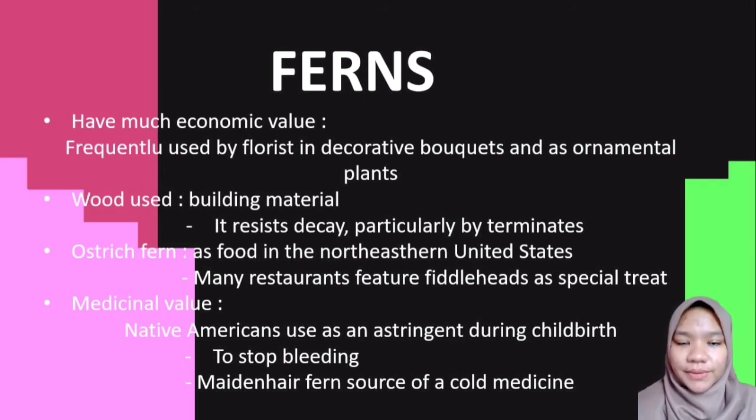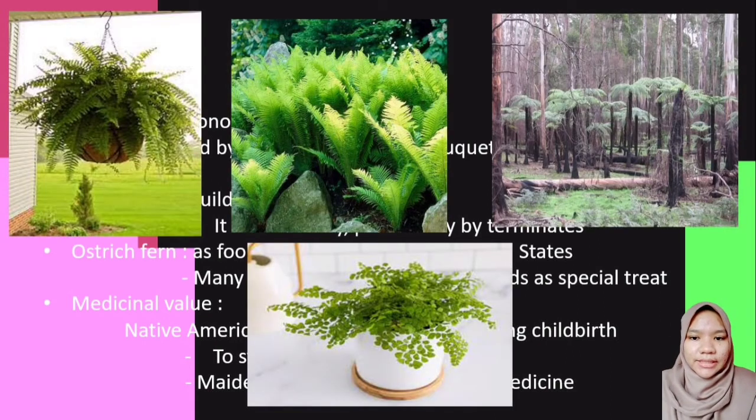Ferns also have medicinal value. Many Native Americans use them as an astringent during childbirth to stop bleeding, and maidenhair fern is the source of a cold medicine. We can see here some pictures of what I talked about before.